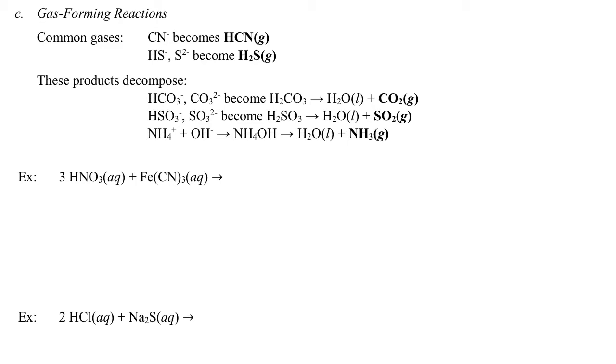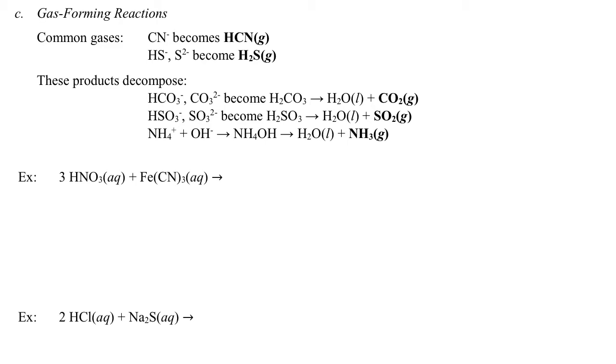That way, if we see one of these as a product, we know that it's a gas, and we know to put the letter G in the parentheses next to it. I'm going to write out some of the most common gases that we will see, and then we're going to look at some examples of double displacements that will produce these gases.